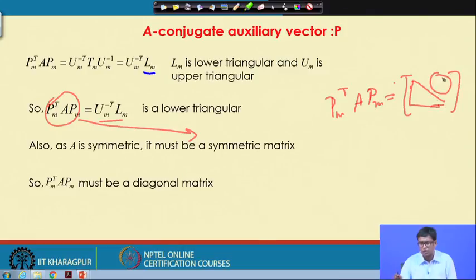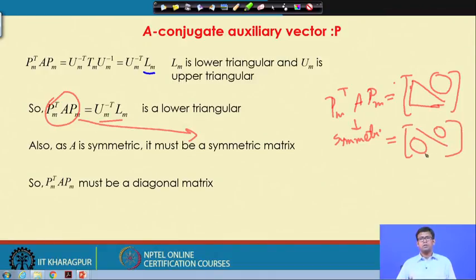So all the above-diagonal terms are 0 here. This is also symmetric, so the numbers below the diagonal must also be 0. So this should have the form of the diagonal with 0s elsewhere. A symmetric matrix is both upper triangular as well as lower triangular.